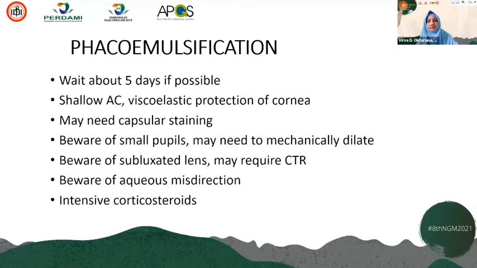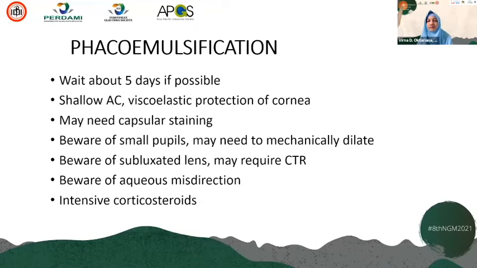Use a lot of viscoelastic to protect the cornea, and sometimes we might need capsular staining and also mechanically dilate the pupil if the pupil is small. And as I mentioned earlier, always be aware of subluxated lens and have a capsular tension ring ready, because if the lens is subluxated, we might need to insert the CTR. And again, always be aware of aqueous misdirection and have measures to prevent that.